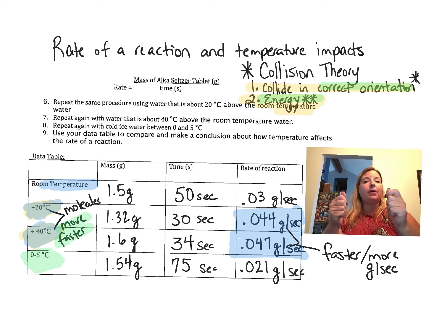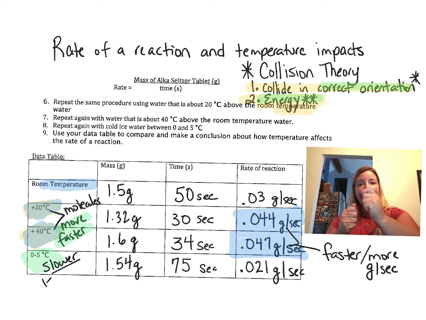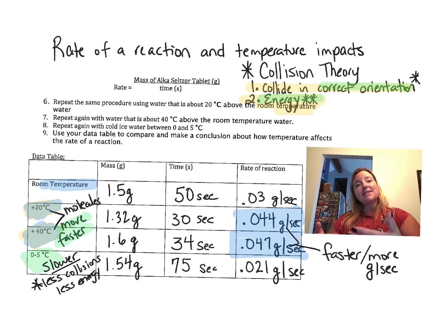If we decrease the temperature, we have to stop and think what's happening to those molecules. They are now moving around slower, so they're less likely to collide with the right energy, and less likely to collide in the correct orientation. That's going to make the rate of the reaction go slower, because they're not going to chemically react as often.